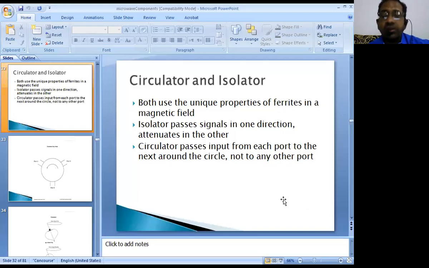In the next session, we deal with the basic operations and see how an isolator allows only the signal in the forward direction and stops the signal in the reverse direction. Similarly, we see how a circulator couples its signal to the next immediate port, stopping the signal outputs from all other ports.